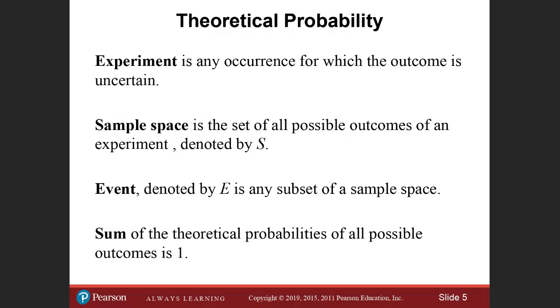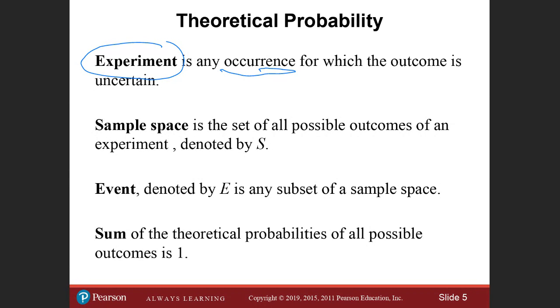So we have here some technical terms and definitions for each. Let's say you have to use the word experiment. So we always encounter this word in this section. Experiment is any occurrence for which the outcome is uncertain.